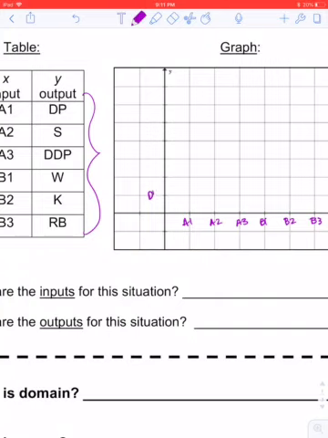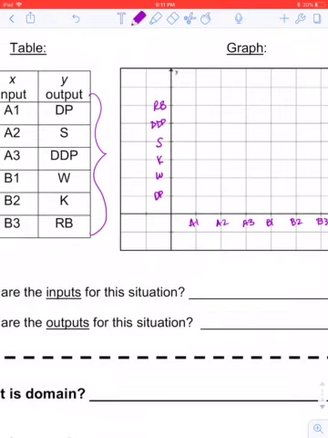Because these aren't actually numbers, I'm just going to kind of make them up where they go. It doesn't matter. So then I'm going to draw my points. If I were to press A1, I would get a Dr. Pepper. If I were to press A2, I would get a Sprite, A3, Diet Dr. Pepper, B1, a water, B2, a Sunkist, and B3, a root beer.